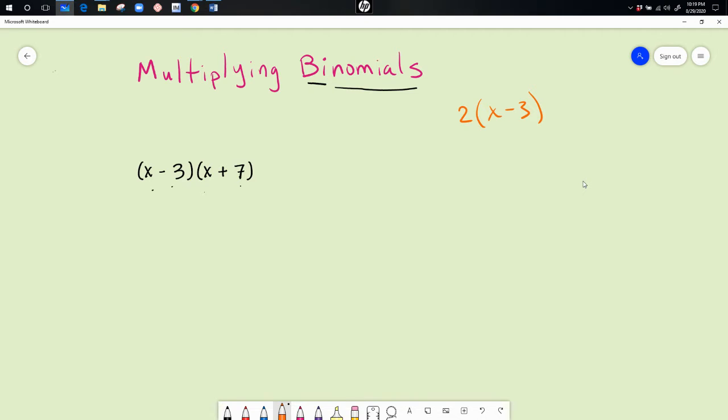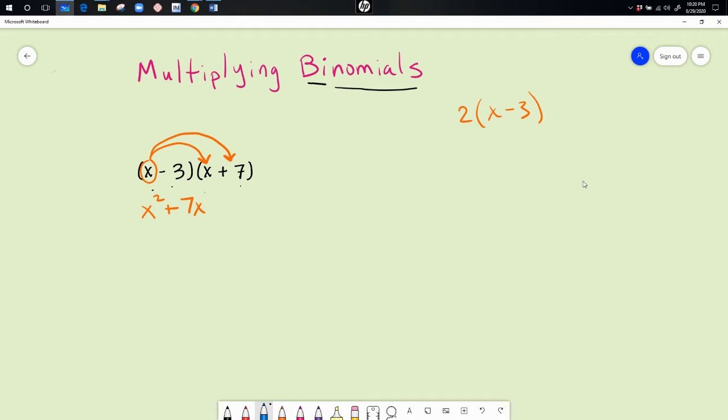So here we go. The way to do it is we're going to start off with the very first thing on the left side, which is a positive x, and that gets multiplied by everything on the right side. So x times x, x squared, and then we also multiply by this positive 7. So x times positive 7, 7x.